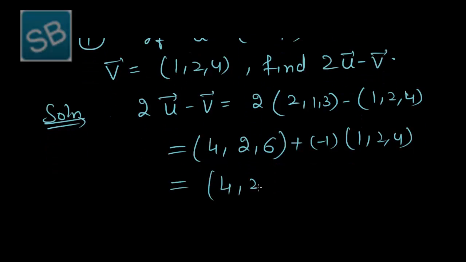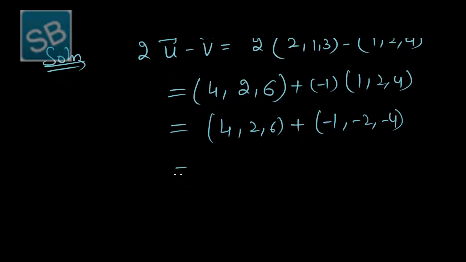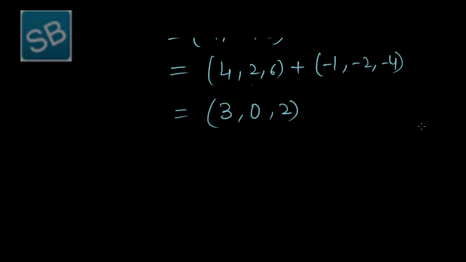So it gives 4, 2, 6 plus minus 1, minus 2 and minus 4. Now we can add two vectors by the law of sum of two vectors, adding corresponding elements. So 4 minus 1 is 3, 2 minus 2 is 0, 6 minus 4 is 2. So vector 2u minus v is 3, 0, 2.